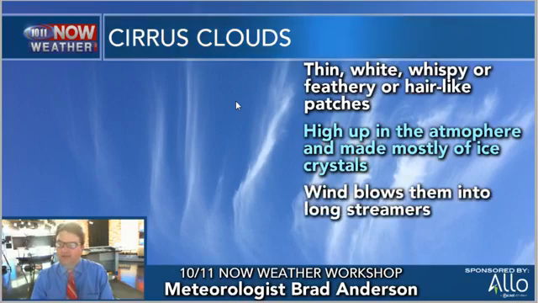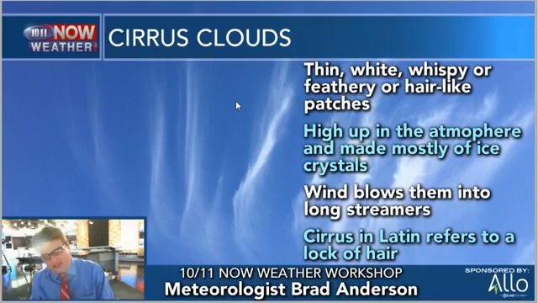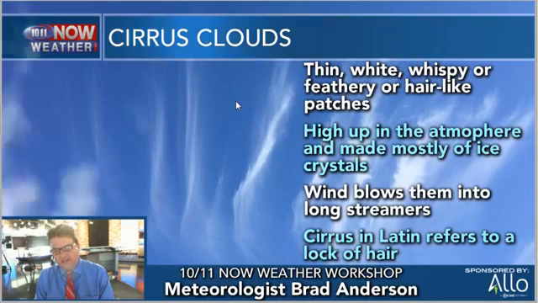The wind is a little bit higher up there sometimes, and it blows them into long streams, so they look like streaks. And cirrus is Latin for a lock of hair, so when they named these clouds many years ago, it kind of looked like a lock of hair. So those are the cirrus clouds.